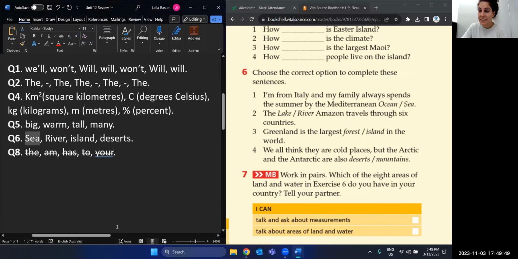It's called the Mediterranean Sea. The River Amazon travels through 6 countries. Greenland is the largest island. So Greenland is the largest island. The S is silent. Island.